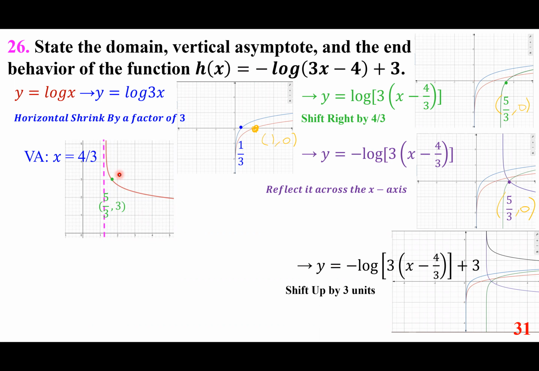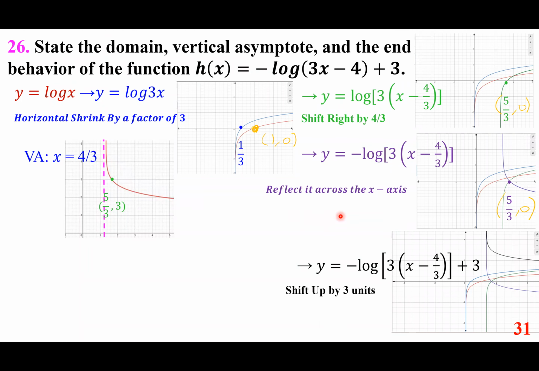From the graph, you can see the domain. Since the vertical asymptote is 4/3, the domain is 4/3 to infinity because it's this side. The range, according to the graph, is all real numbers. And the end behavior: when x gets closer and closer to 4/3, it blows up to infinity.